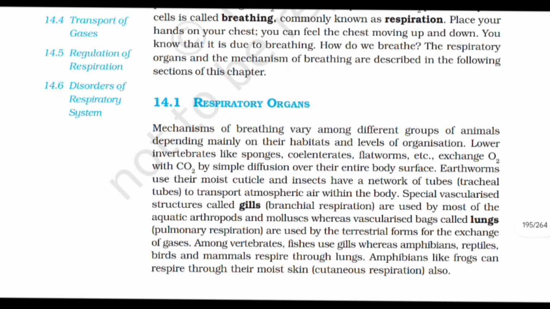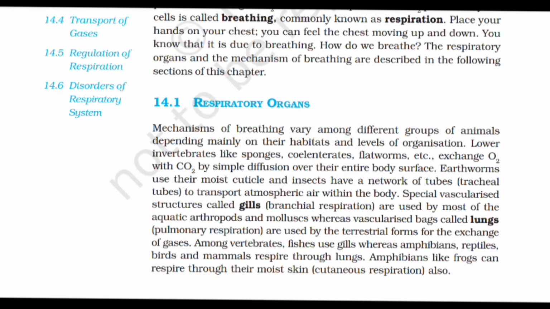Respiratory organs. Mechanisms of breathing vary among different groups of animals, depending mainly on their habitats and level of organization. Lower invertebrates like sponges, coelenterates, flatworms, etc. exchange O2 with CO2 by simple diffusion over their entire body surface. Earthworms use their moist cuticle, and insects have a network of tubes, that is, tracheal tubes, to transport atmospheric air within the body.